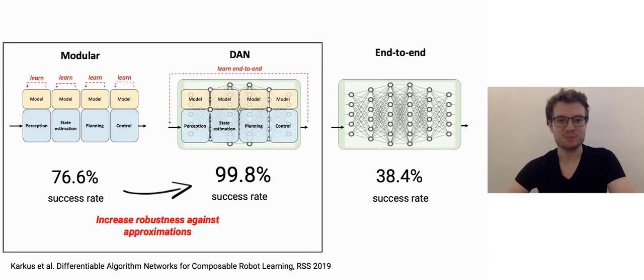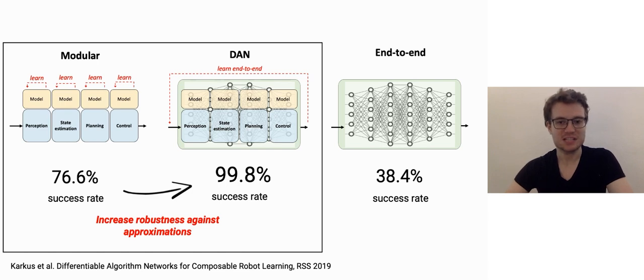DAN also performed much better than standard modular systems, even though both use the exact same structure with the same algorithms. The difference is that in the standard systems, models are trained independently, each optimized to be accurate in general. In contrast, DAN trains all models together to be useful in the context of the task, rather than to be accurate in general.